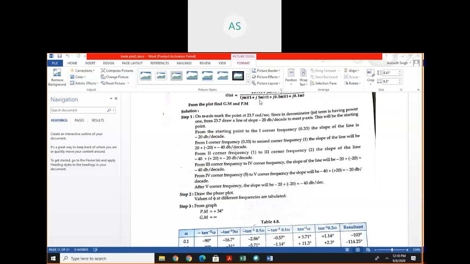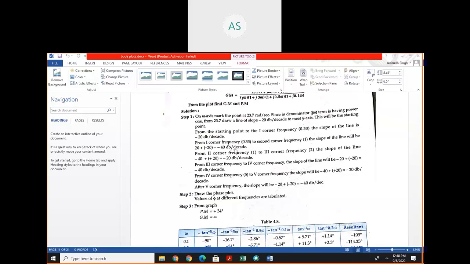It means that from this corner frequency one pole is activated, so the slope changes from minus 20 dB to minus 40 dB.